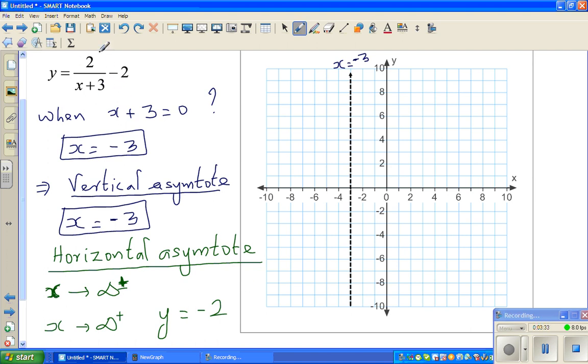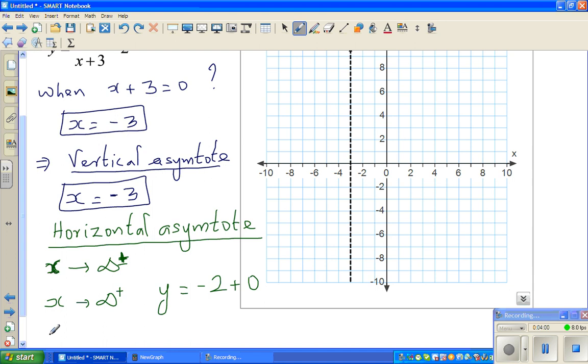This becomes almost 0, so it's minus 2 plus something very small, or minus 2 plus 0. So when x is approaching positive infinity, y would approach negative 2.